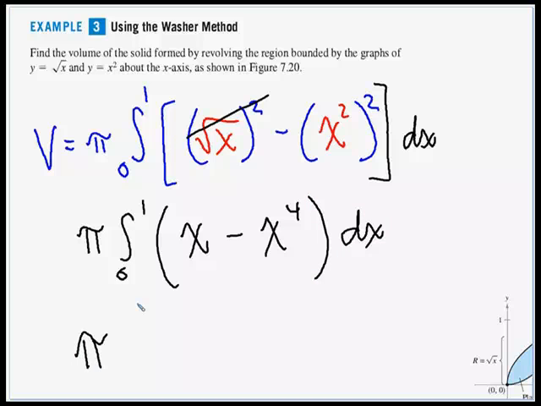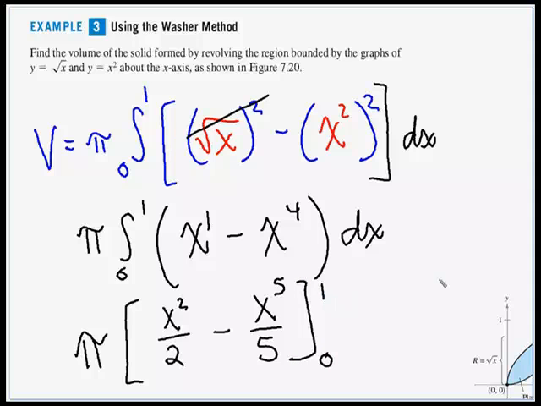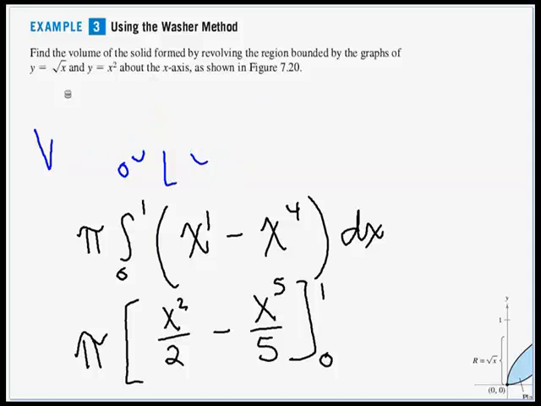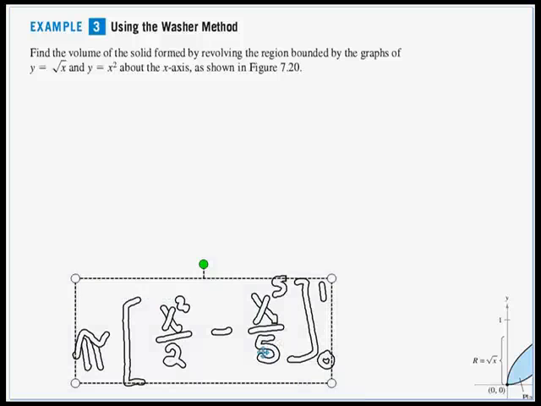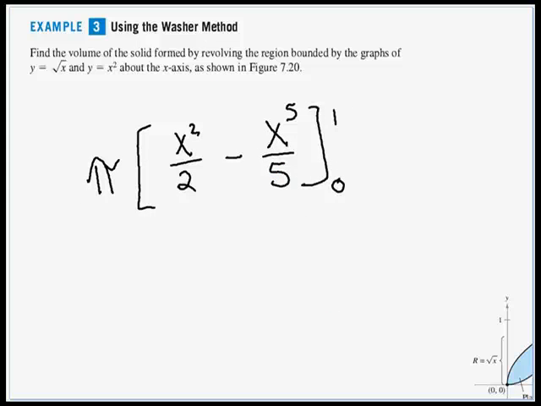We're going to have pi. The antiderivative of x to the 1st is a half x squared, or x squared over 2. This becomes x to the 5th over 5. And we evaluate that from 0 to 1. Ooh, I like to see zeros in my upper and lower limits. So we start by plugging in our upper limit 1.